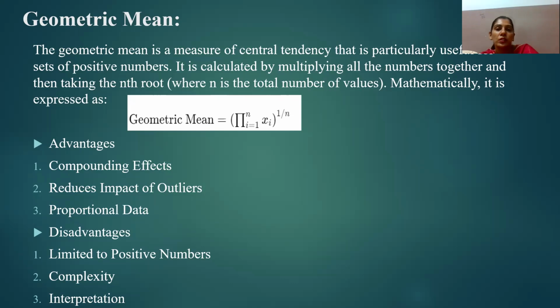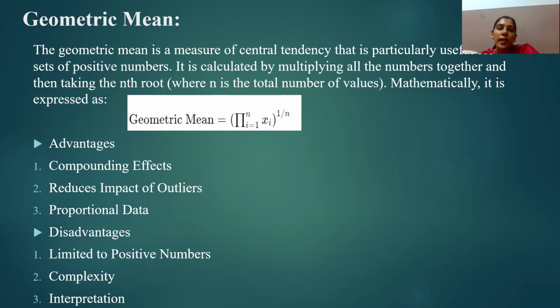So in this situation, for data that are multiplicative, or you can say exponential in nature, it preserves the proportional relationship among the data. So it is a more appropriate method than the arithmetic mean when we have a large data set or a set of large numbers which can be multiplied together, or which can be exponential in nature.